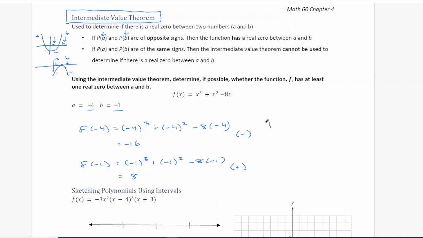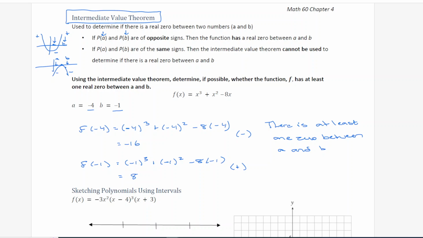Yes. There is at least one zero between a and b, because there was a sign change. If you didn't get a sign change, you would say the intermediate value theorem cannot be used to determine if there is a real zero.